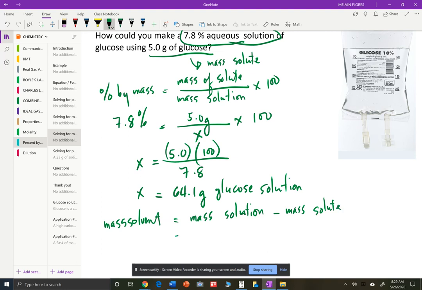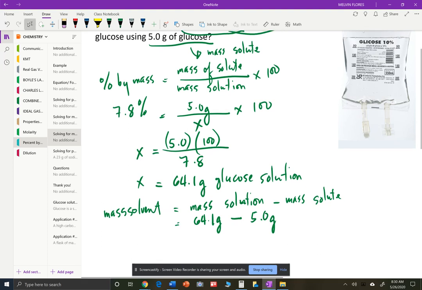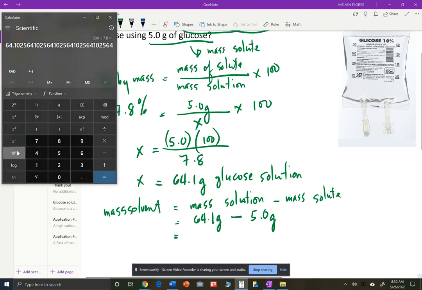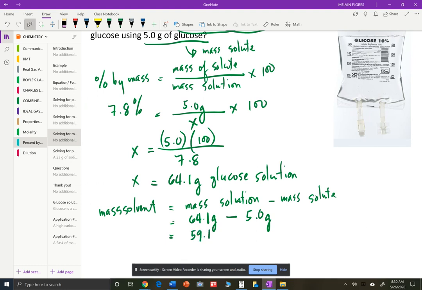So the mass of solvent is 64.1 gram minus the mass of solute, which is 5.0 gram of glucose. 64.1 minus 5.0 would give you 59.1 gram of water, which is now your solvent.